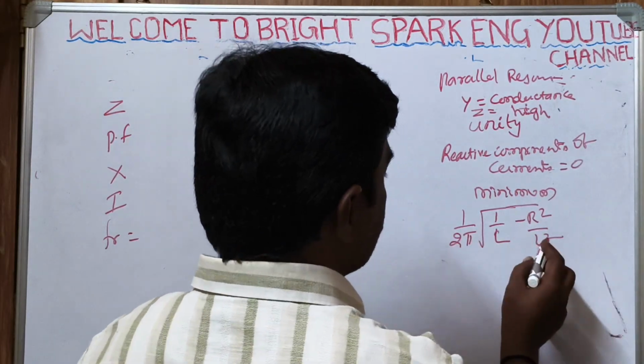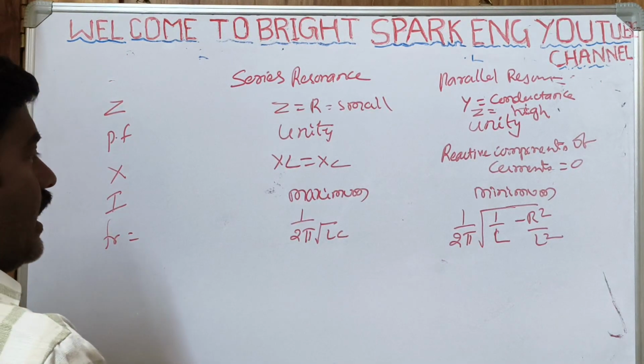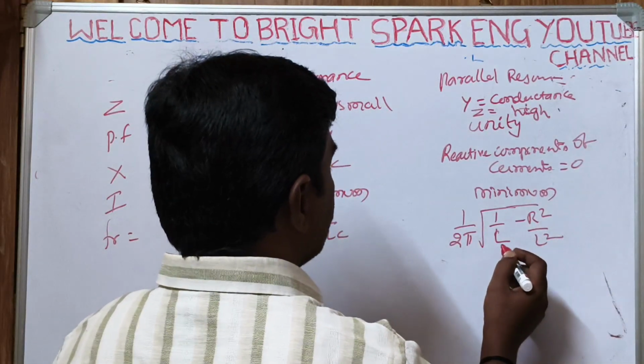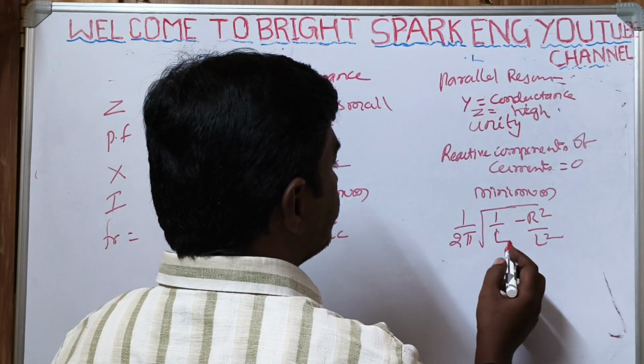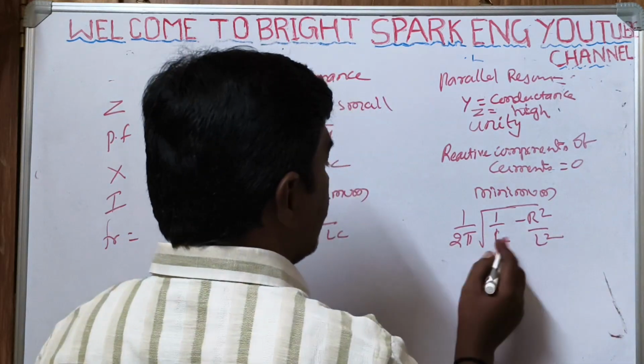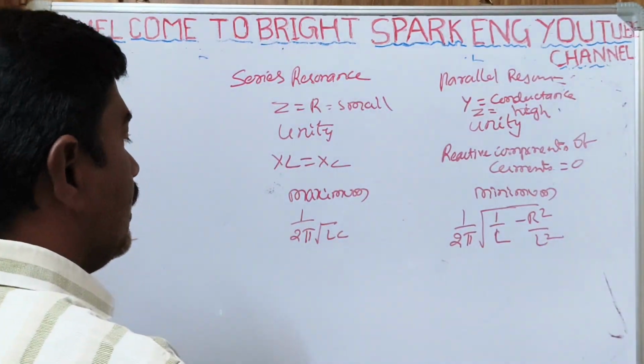This is the resonance frequency formula. Okay. Here resistance is neglected. In some cases resistance is neglected. Okay.